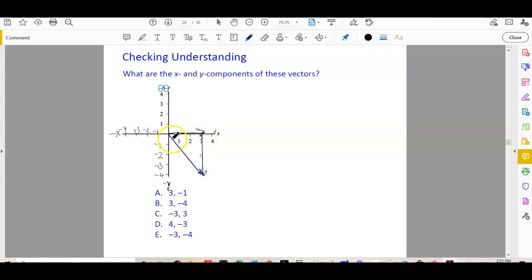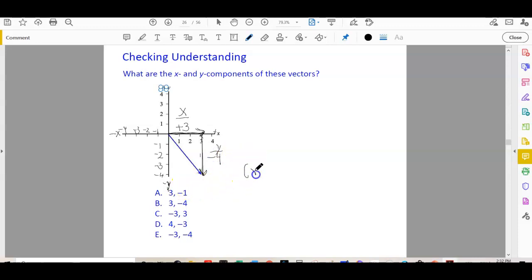Again, that would be the hypotenuse. Here's the 90-degree angle right here. It looks like that rightward vector is pointing to the right by +3 units. Correct? And it looks like the y direction is pointing down by -4 units. So the x direction component is +3, and the y direction component is -4.